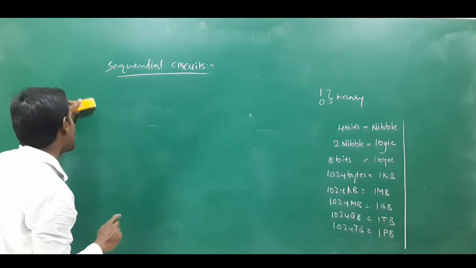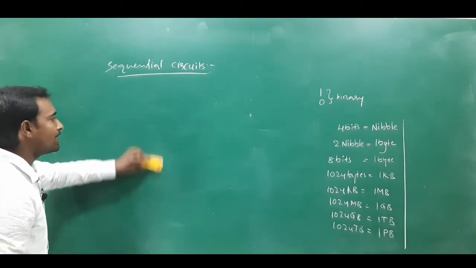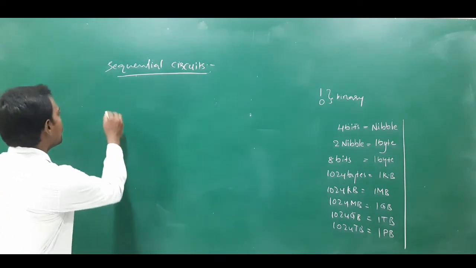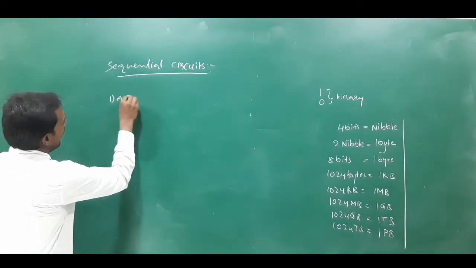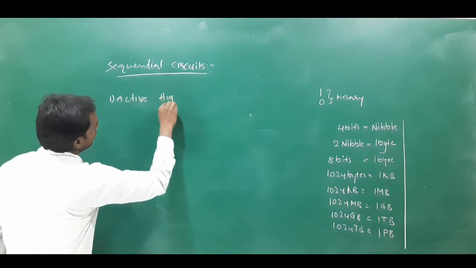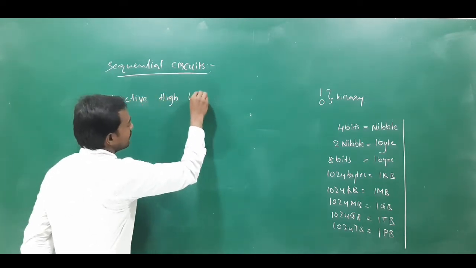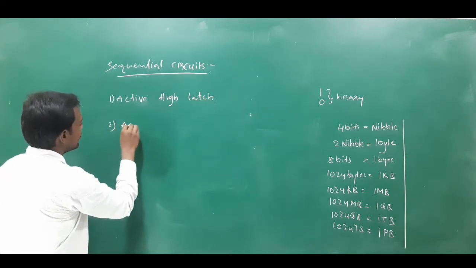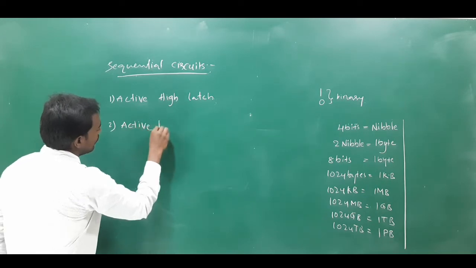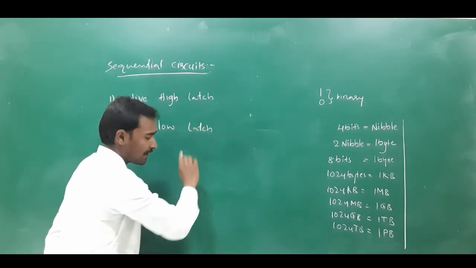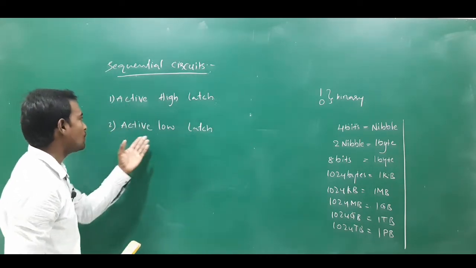And coming to the latches, here the latches are two types. First one, active high latch, and second one, active low latch. Active high latch and active low latch.